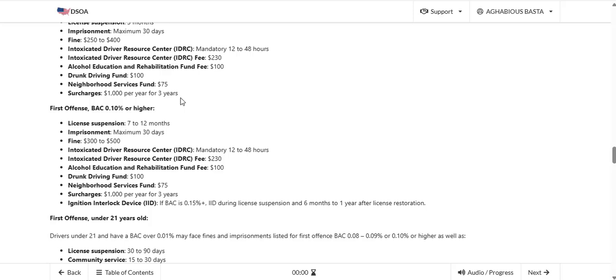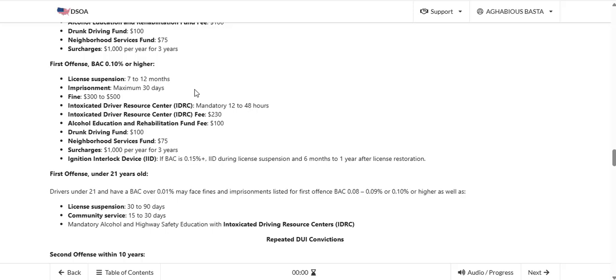First offense, BAC 0.10% or higher: license suspension, 7 to 12 months; imprisonment, maximum 30 days; fine, $300 to $500; Intoxicated Driver Resource Center, IDRC, mandatory 12 to 48 hours; IDRC fee, $230; Alcohol Education and Rehabilitation Fund fee, $100; Drunk Driving Fund, $100; Neighborhood Services Fund, $75; surcharges, $1,000 per year for 3 years.